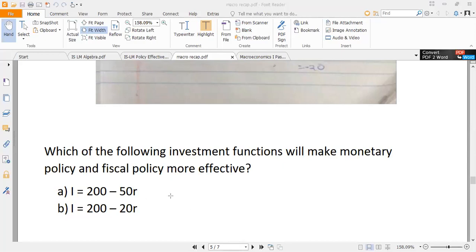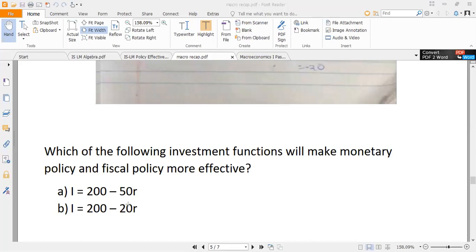So if investment is very sensitive to interest rate, it means that after increasing the money supply, a very small decrease in the interest rate will cause a very large increase in investment, because investment really responds to changes in interest rate, thereby causing the increase in Y to be large, making the monetary policy more effective.